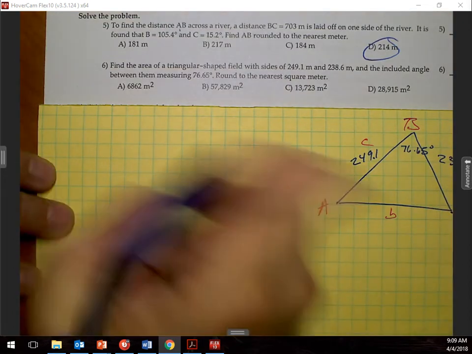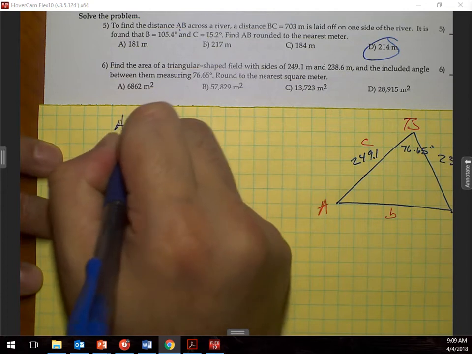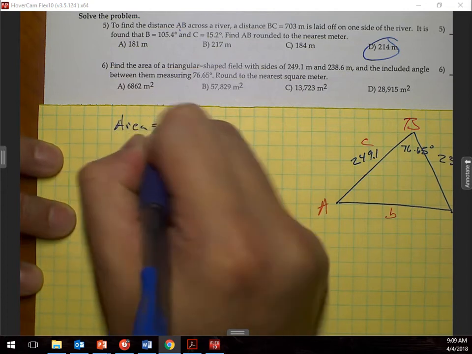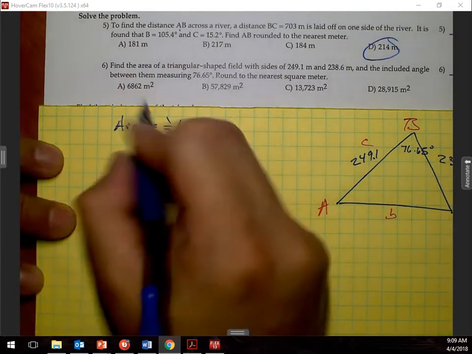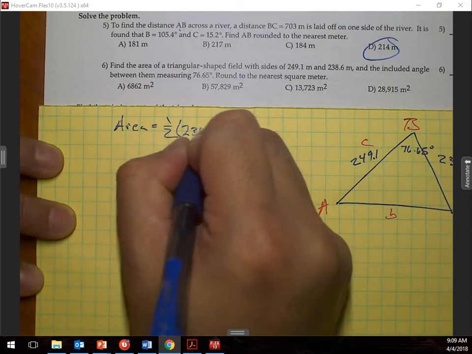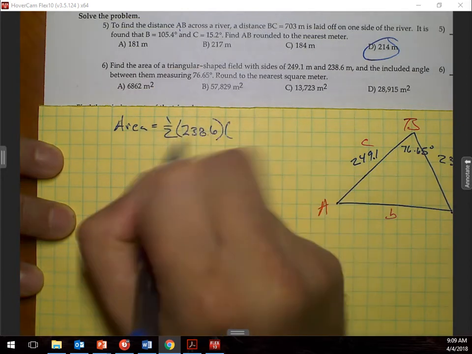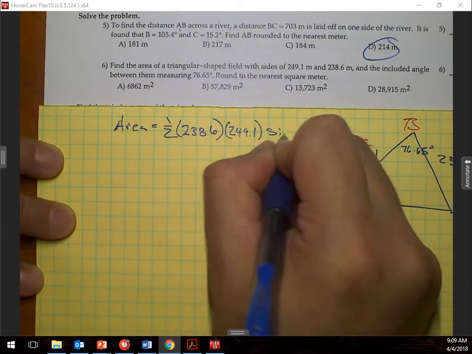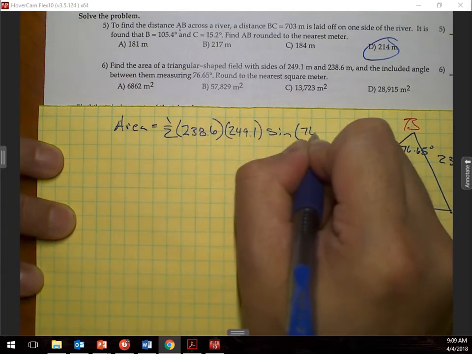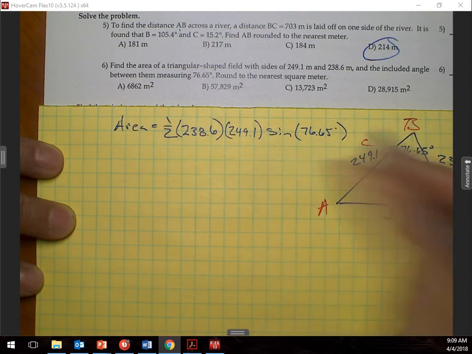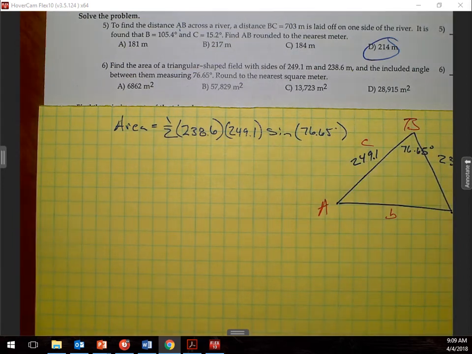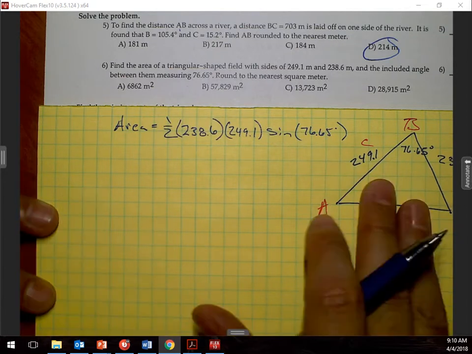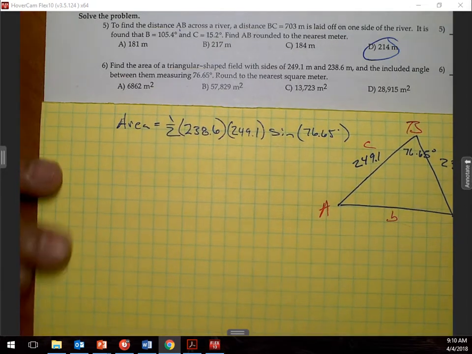So for this, my area is going to be 1/2 times 238.6 times 249.1 times the sine of 76.65. Have we always used that formula? Yeah, we have. Okay, so go through, put that in your handy dandy calculator.